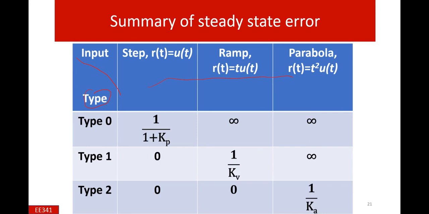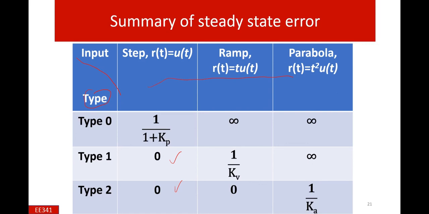So if we apply the step input to the type 0 system, then the steady state error formula is given by this one, 1 over 1 plus Kp. But if we want to find the step response on the type 1 system, then the steady state error is 0, and similarly for the type 2 system.